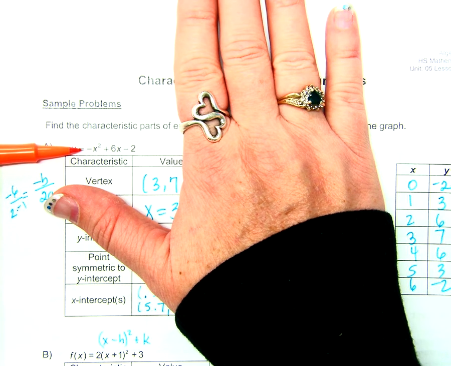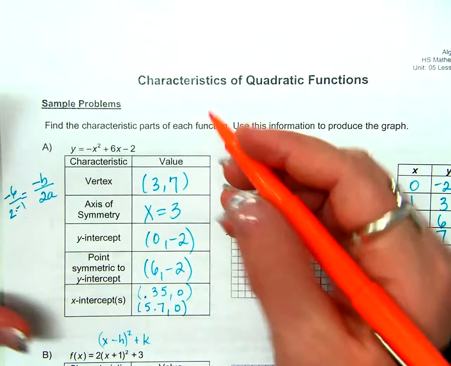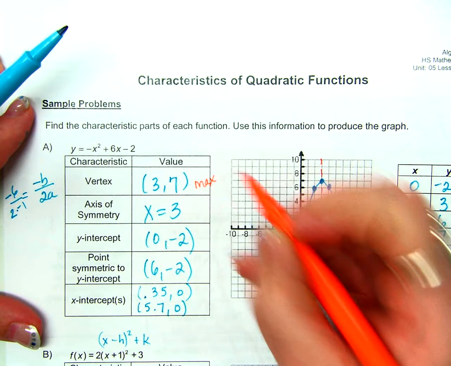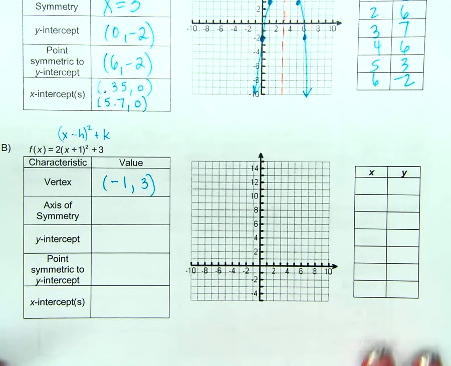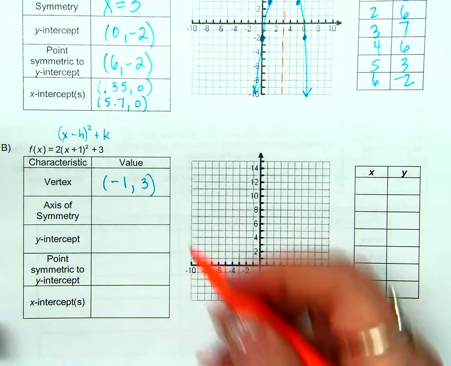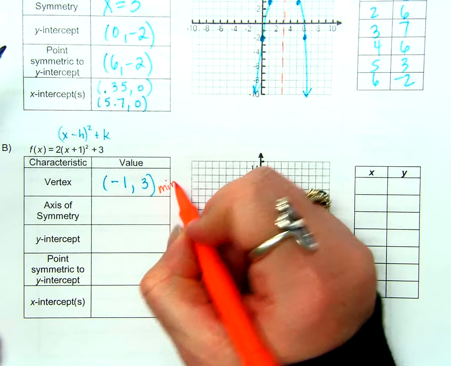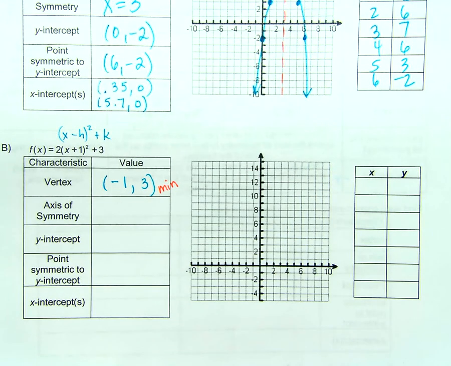That negative, it's opening down, right? So that would be a maximum. What about this one? Is this a minimum or a maximum? How do you know it's a minimum? It's positive, so it's going to be opening up, right? That a value.